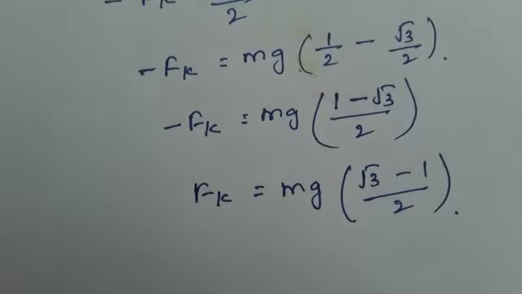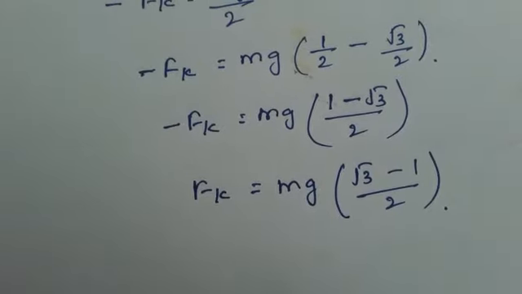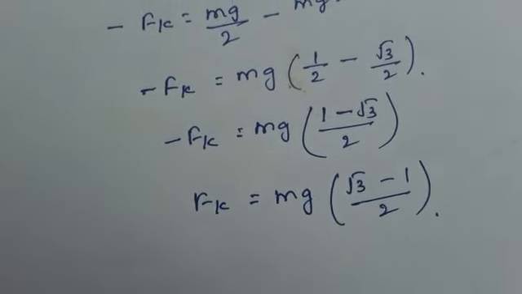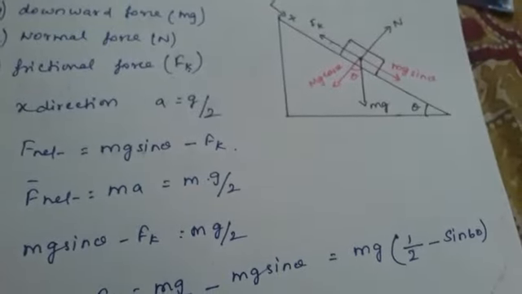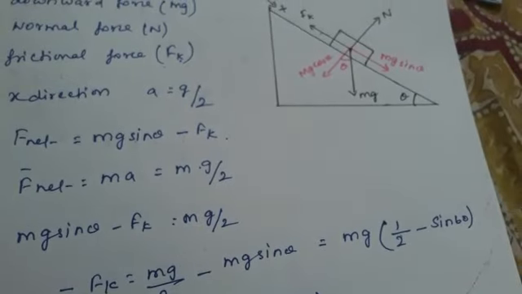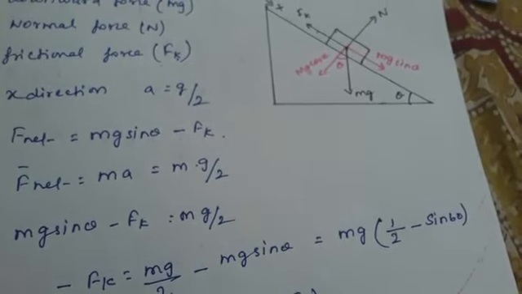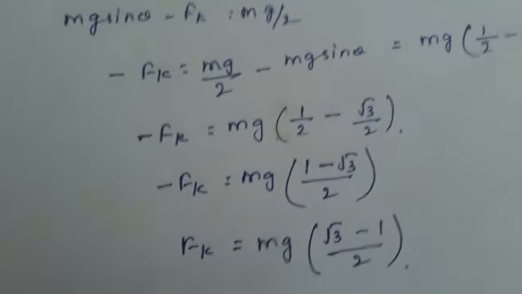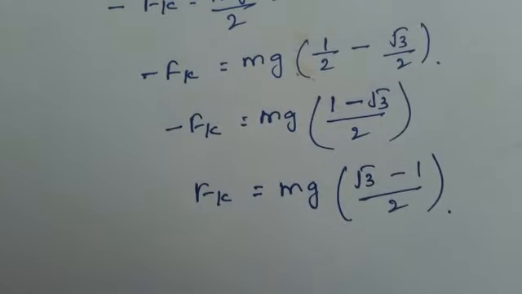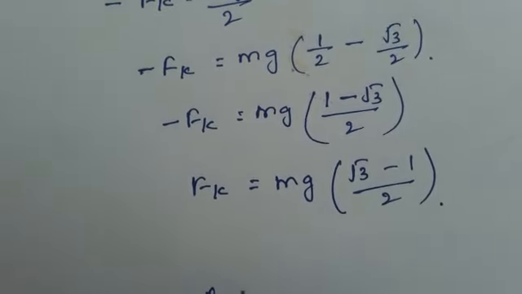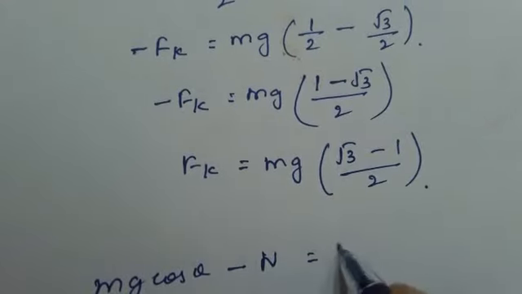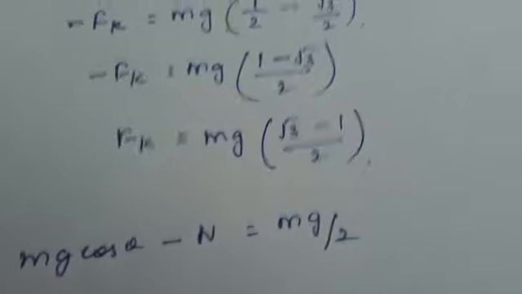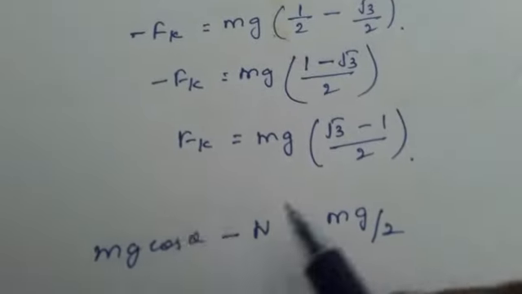Now we can find it out along the y direction. Along y direction, the body is not having any acceleration. So what are the forces acting in the y direction? Mg cos theta and normal force. Here I'll write one more step, then you can understand.